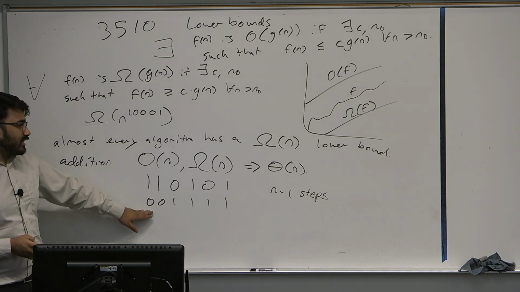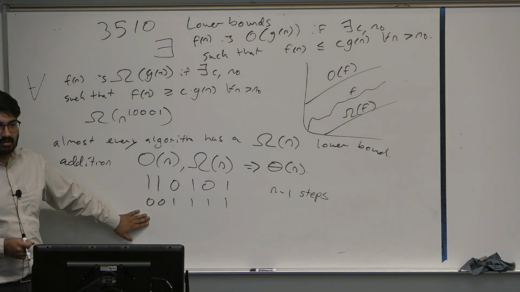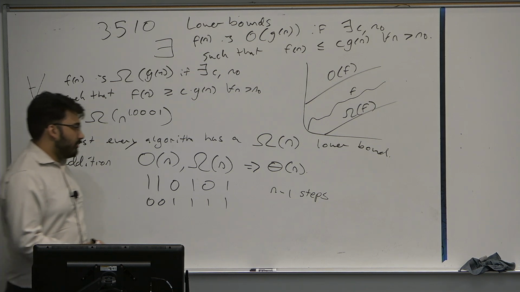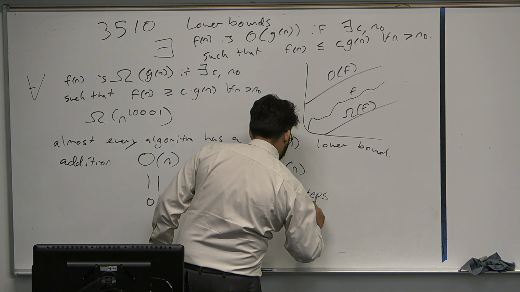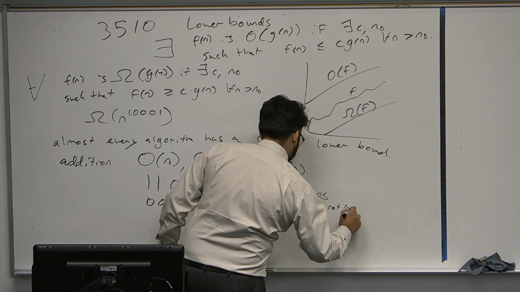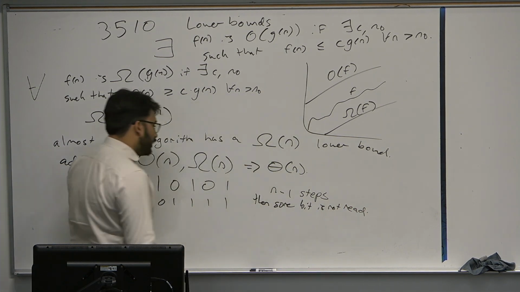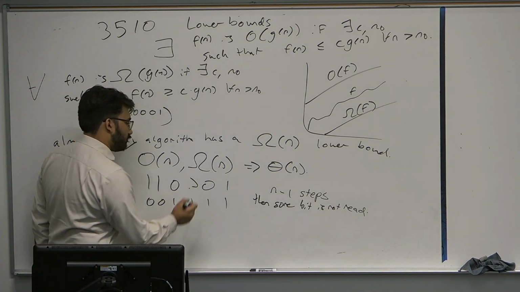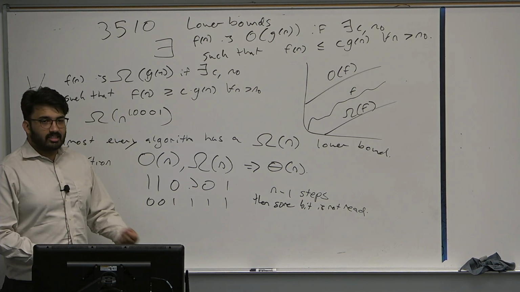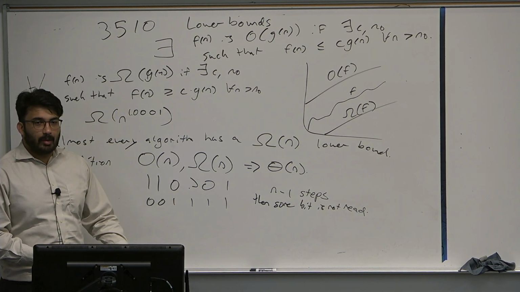Anyway, assume that it takes n minus 1 steps to add 2 numbers. Then some bit is not read. Repeat the execution of the algorithm, changing whatever that bit happened to be. So the answer will change, but the computer's steps will not.